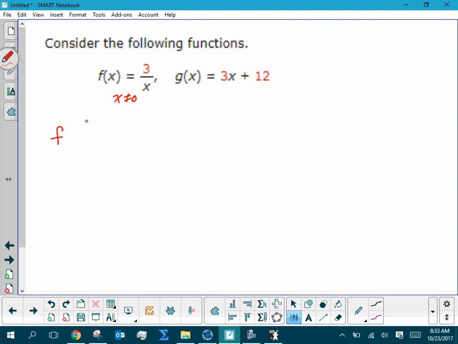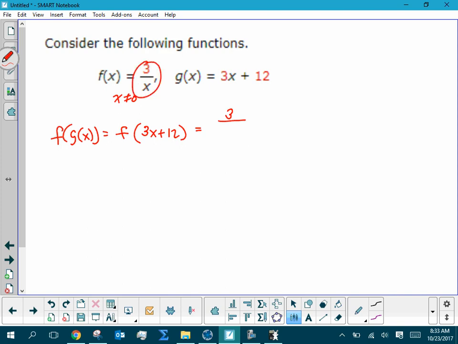If I want to write f composite g of x, it's going to be f of 3x plus 12. Now I go to f and plug that in, so I'm going to go 3, because this is the outer shell of what our final problem is going to look like.